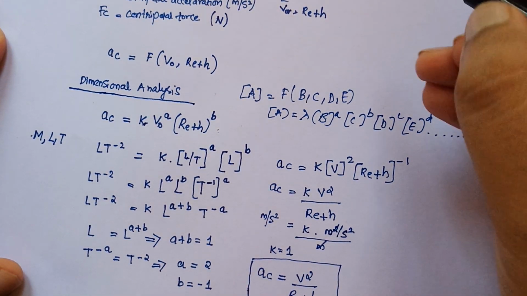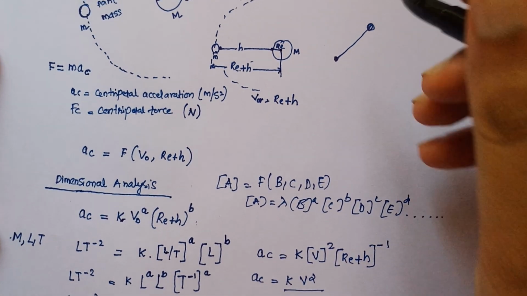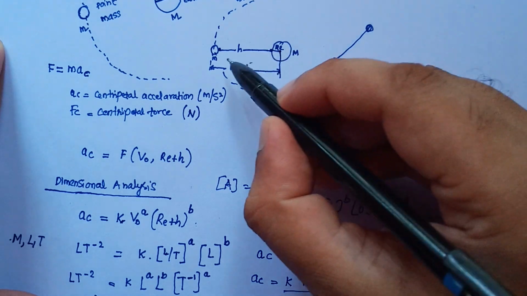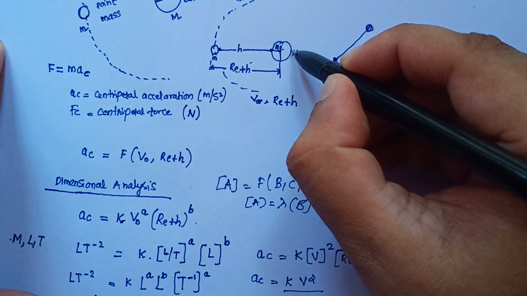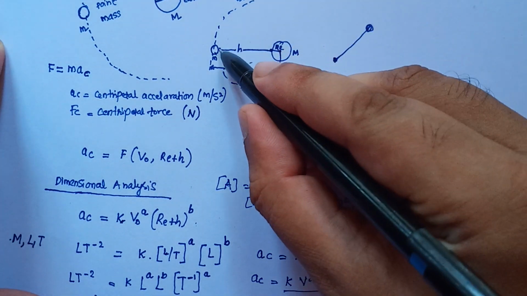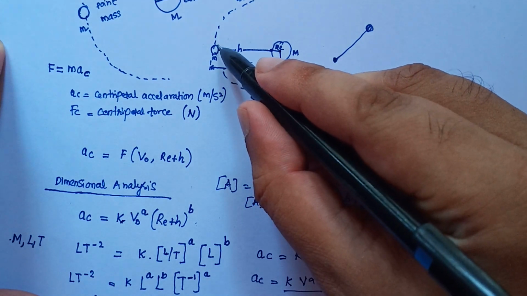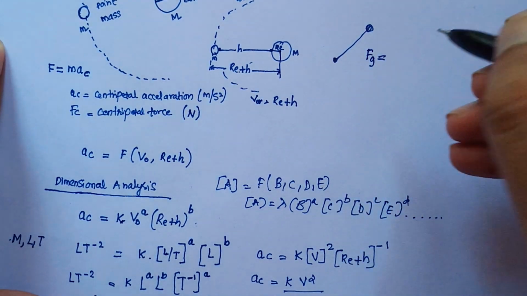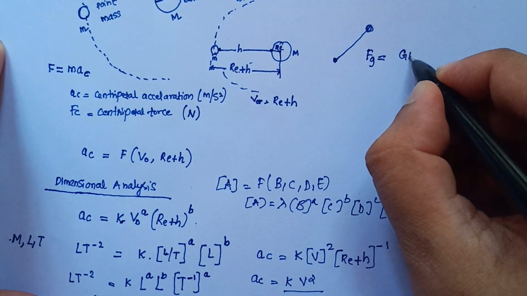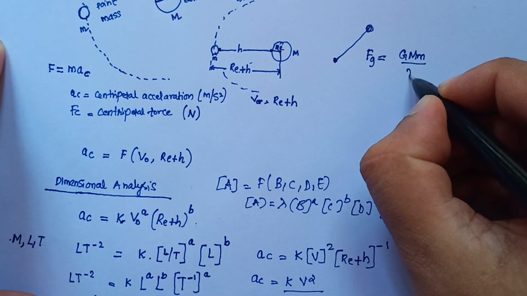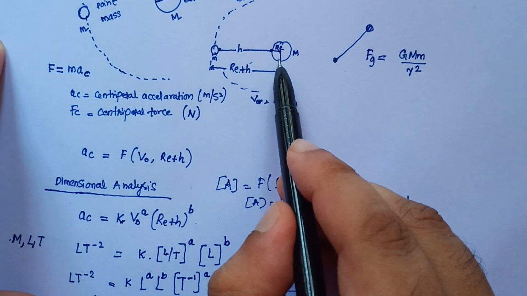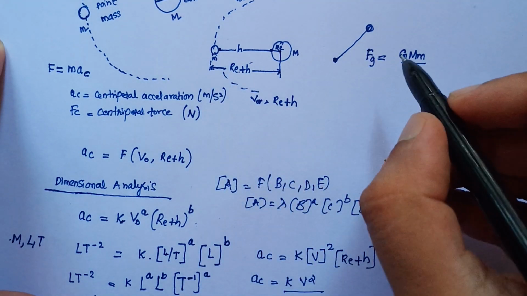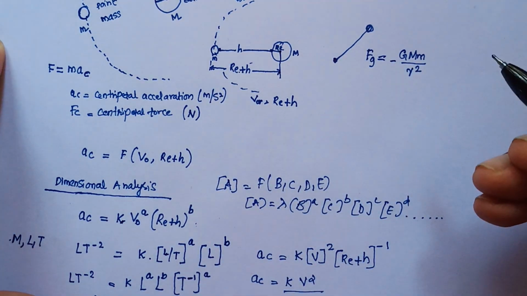Now get back to this figure again. Now you have the two terms here, you have the mass m. This mass is going to exert some sort of gravitational force on this smaller mass. So obviously you're going to get a gravitational force which is denoted by GMm divided by r square. As this mass is going to exert a gravitational force on m, you may get a negative sign here.